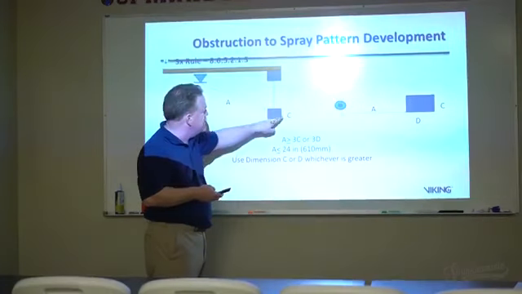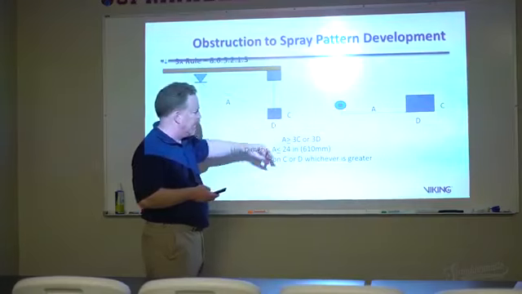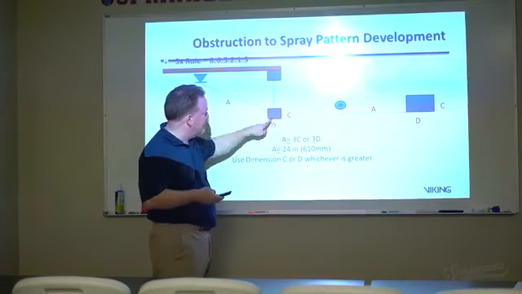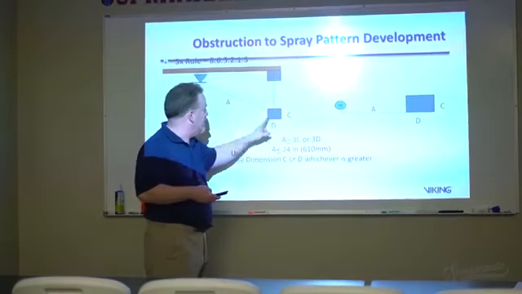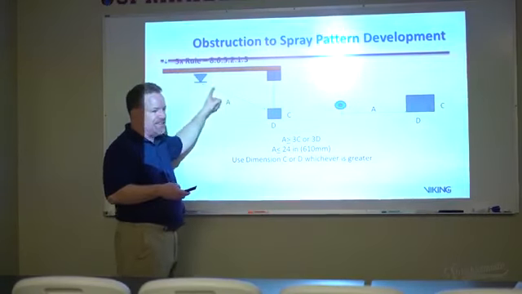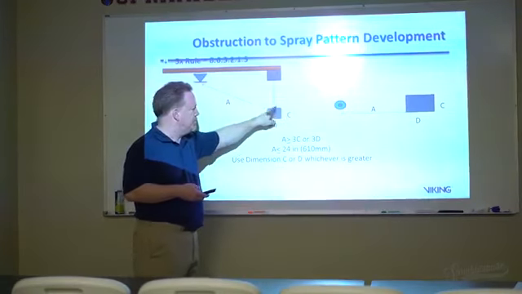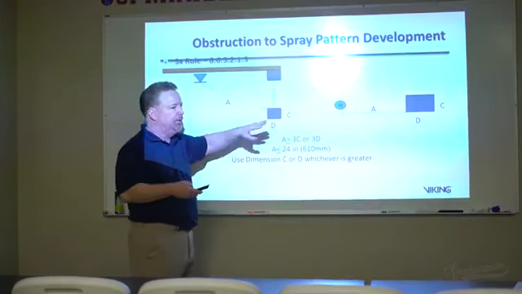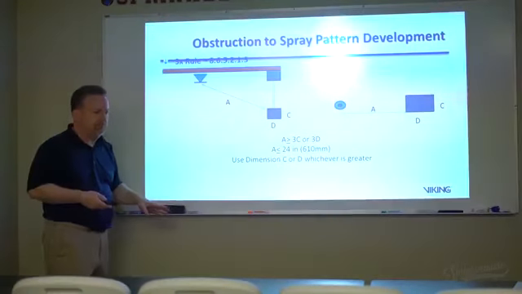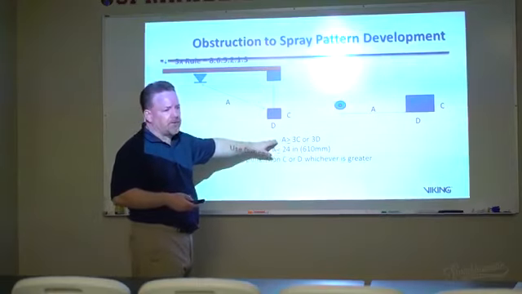We take a look at C and D, whichever is the greater dimension. We multiply whichever is greater times 3, and that gives the distance A that the sprinkler needs to be away from this component, and then we don't consider it an obstruction anymore. So use dimension C or D, whichever is greater.